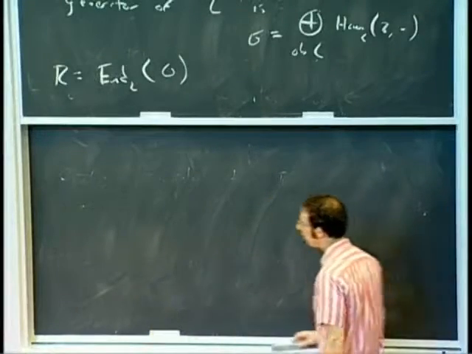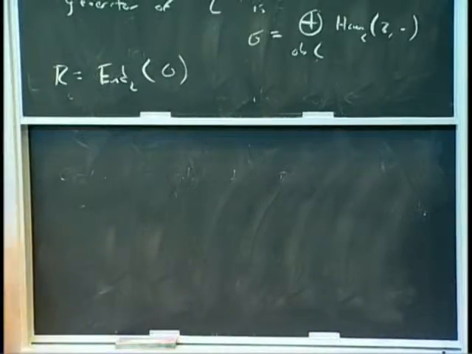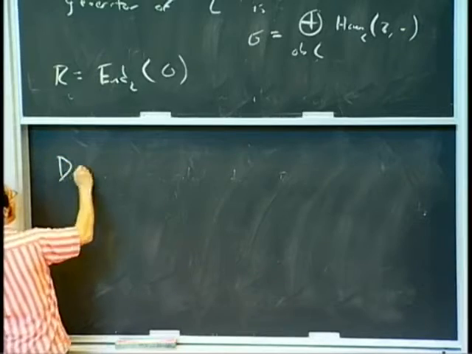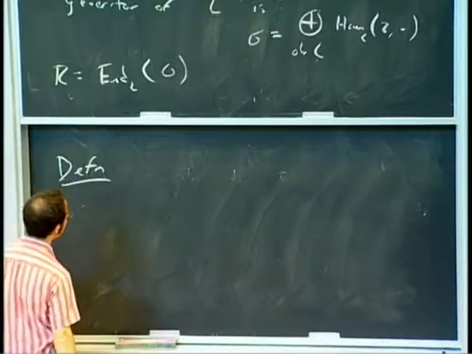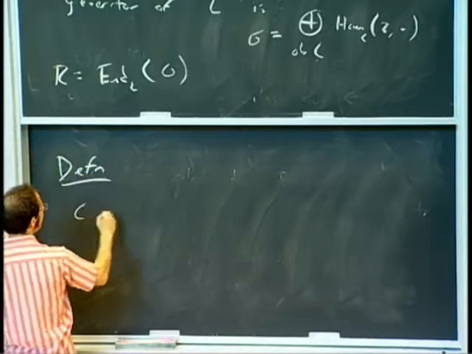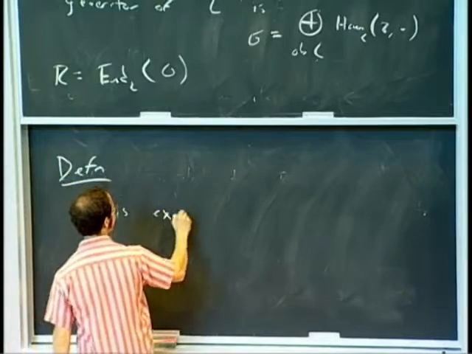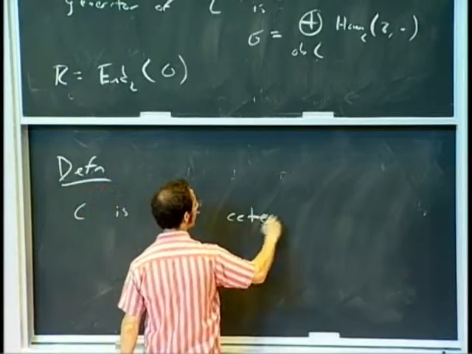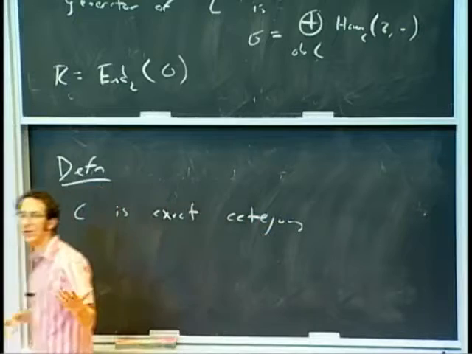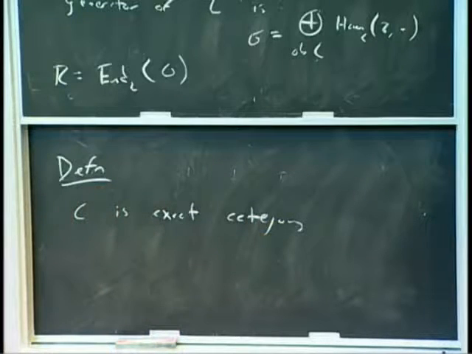So having done all of this, I now want to make another definition. So what's the advantage of abelian categories? It's that abelian categories tell us about exact sequences.